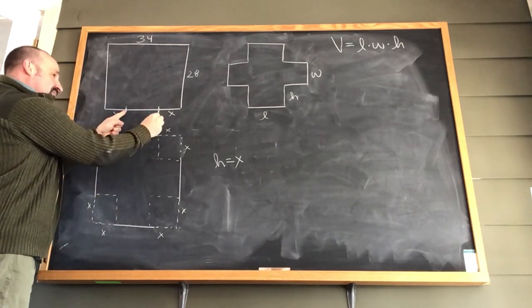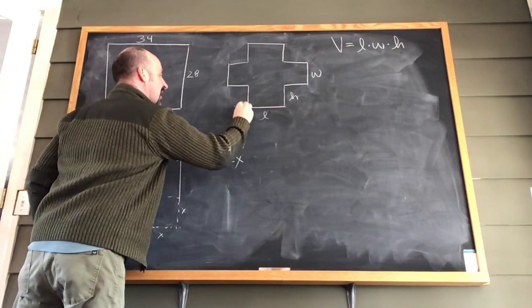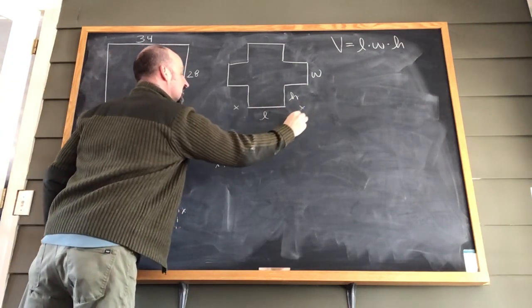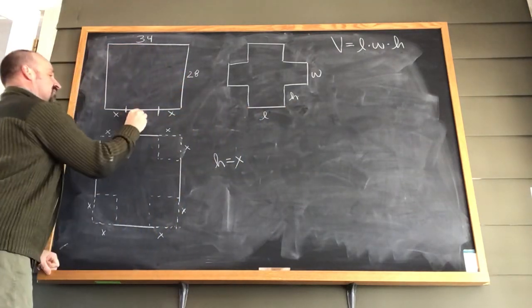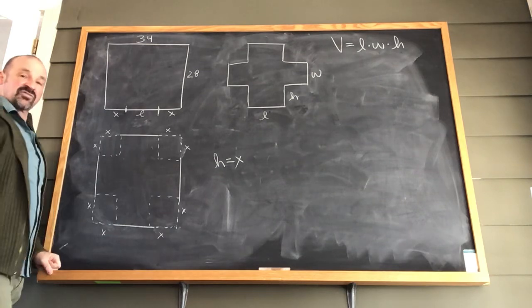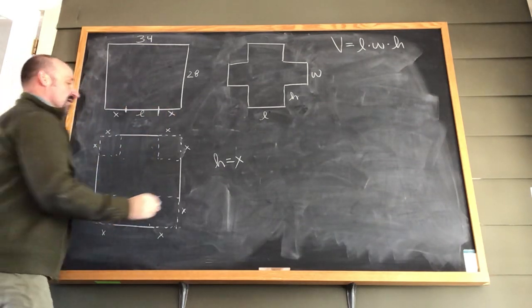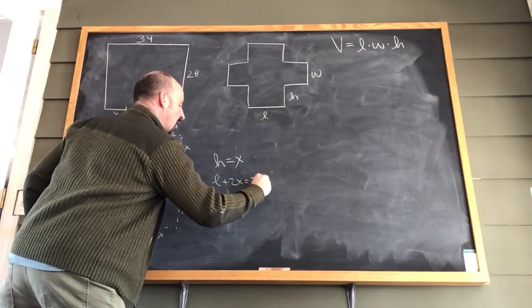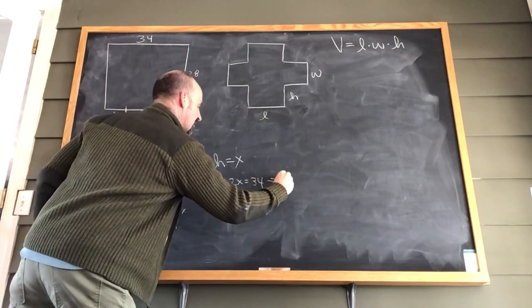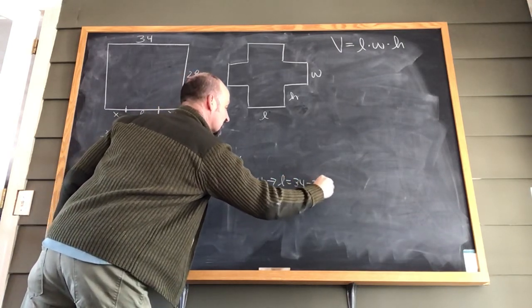And then this piece right here, that's L. This is the x and the L and the x. So x plus L plus x is 34, it's 34 inches long. So L plus 2x equals 34, which means L equals 34 minus 2x.